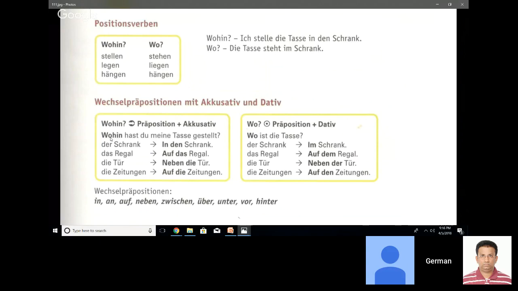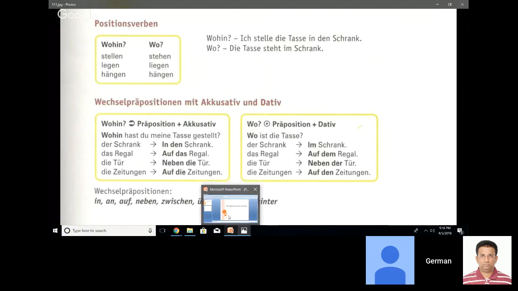When there is an action involved or when there is a doer in the sentence, accusative. And when the work is already being done and the object is at rest, we use dative preposition. And the Wechsel prepositions are in, an, auf, neben, zwischen, über, unter, vor und hinter.